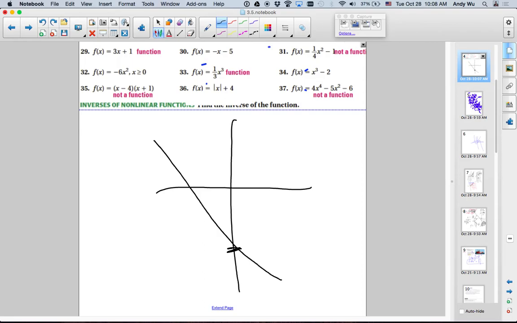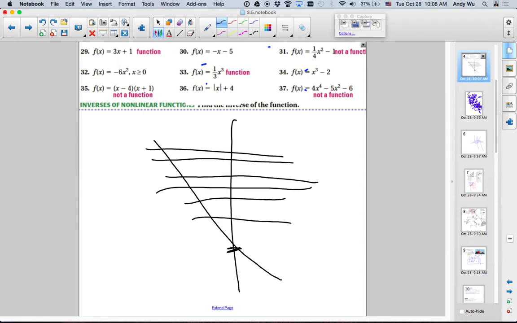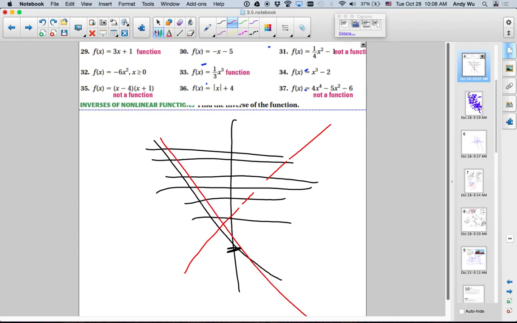It is, because there's no output that has more than one input. The inverse of this graph would actually be the same graph. Which means for number 30, f of x equals -x minus 5, and the inverse is actually itself, -x minus 5. Are you good with this one?